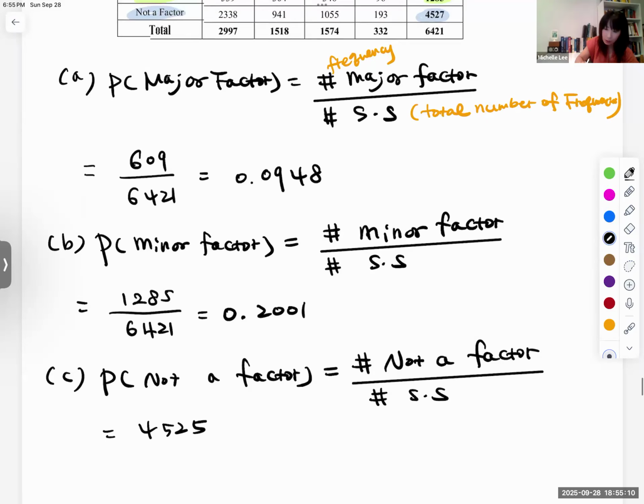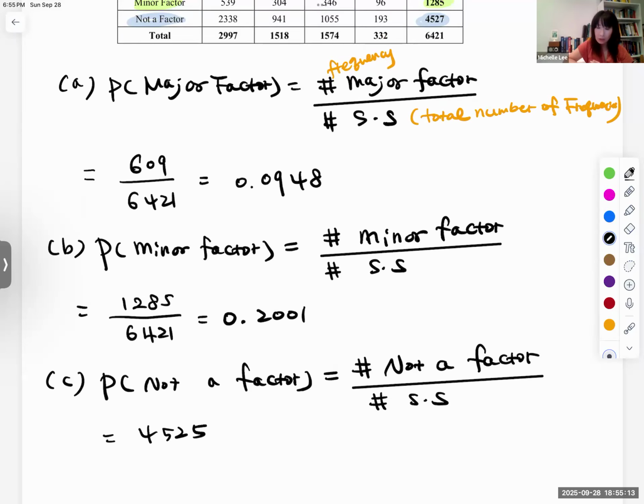Let me double check. 4,527, divided by 6,421. Yeah. Can you please calculate? 0.7050. Okay.